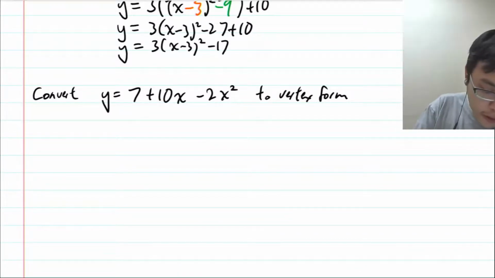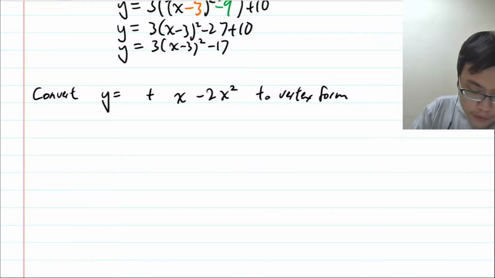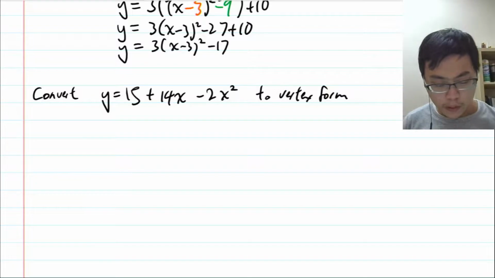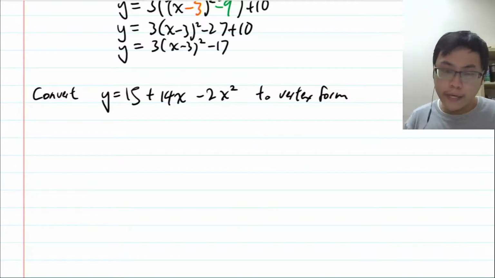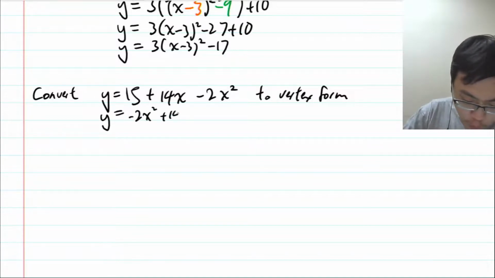Actually, let me change it up to a different number. So let's change this to 15, and let's change this to 14x. So let's go ahead and rearrange it into ax squared plus bx plus c first. So y equals negative 2x squared plus 14x plus 15.